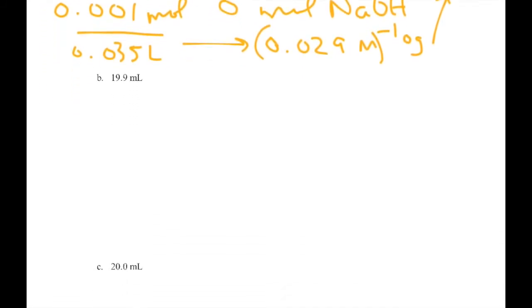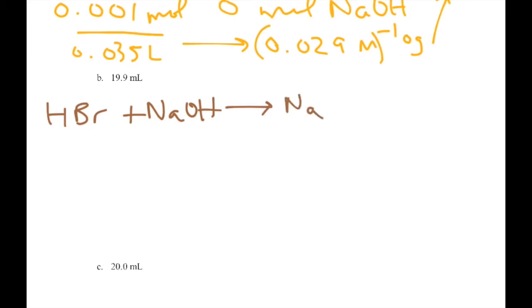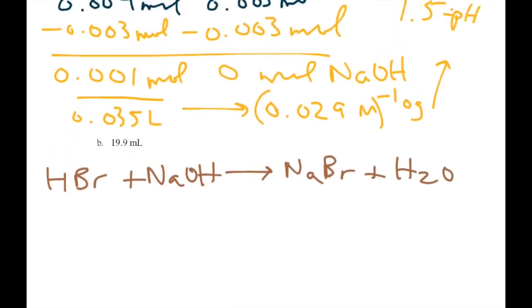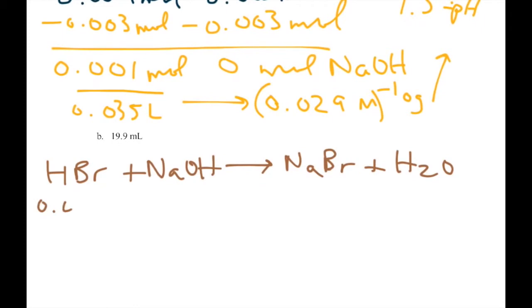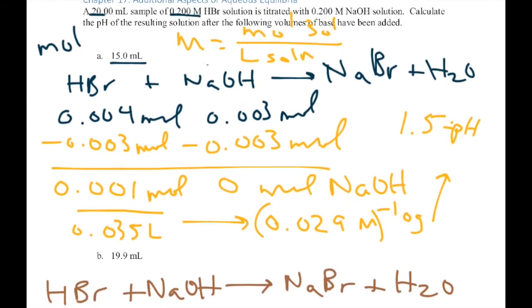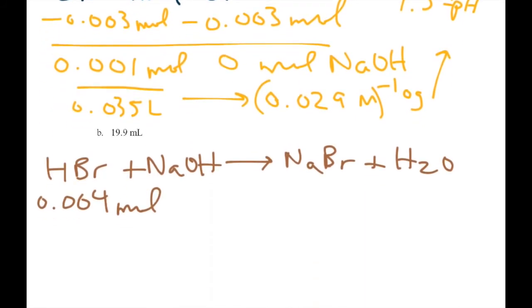19.9 mils. So again, it's the same setup. So we're again going to start out with our 0.004 moles of HBr. But now we have 19.9 mils. So now we take our 0.2 molar of NaOH times 19.9, which is 0.0199 liters.